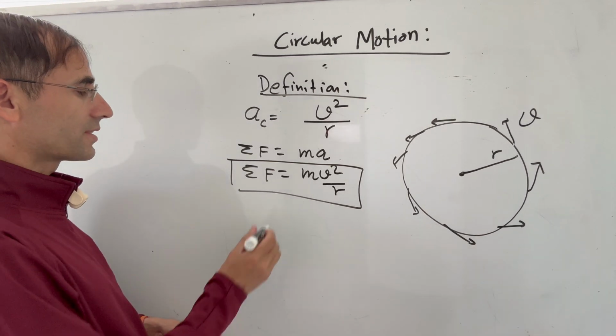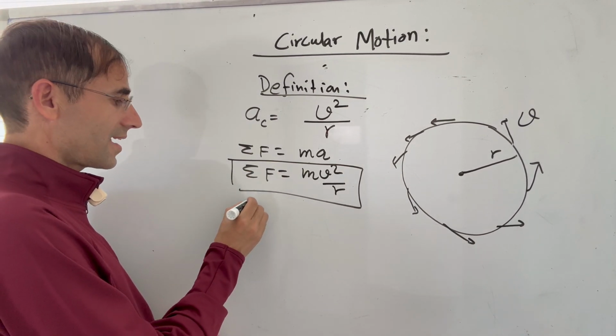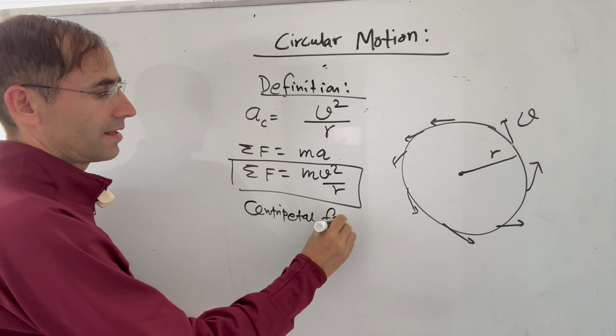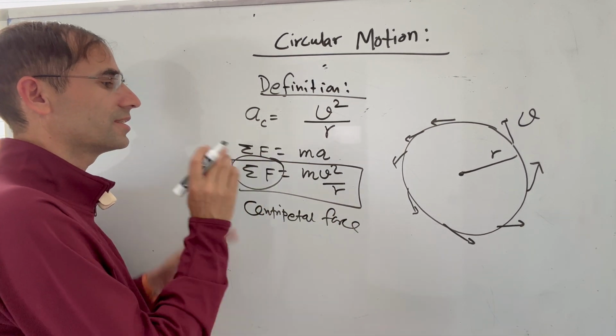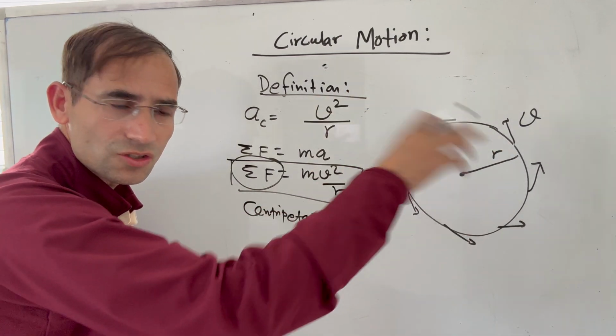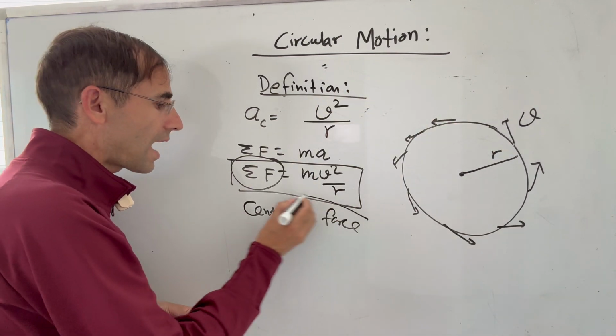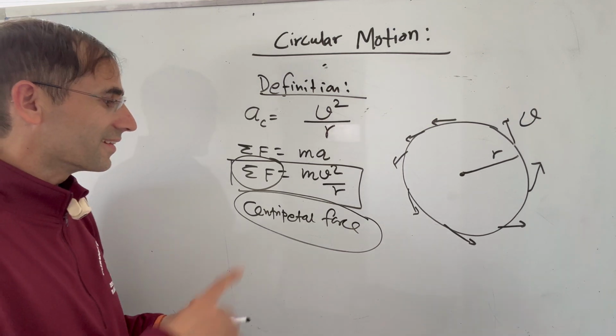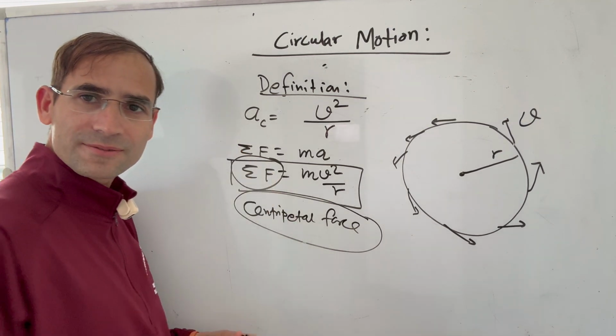So let me ask you a question. This net force is responsible for keeping the object in the circular path. So now you know a new force called the centripetal force. My question is, is this a new force?